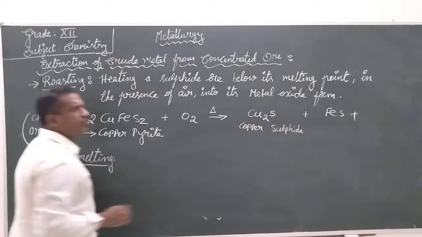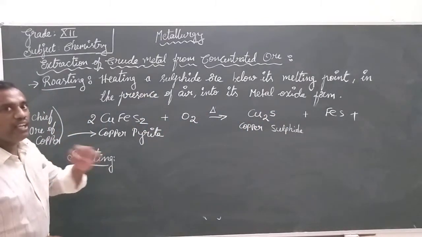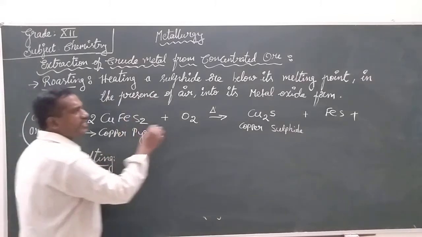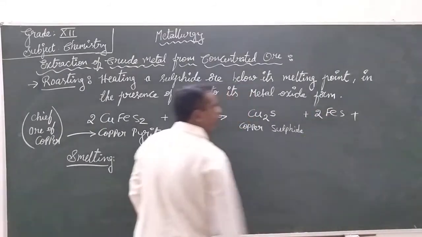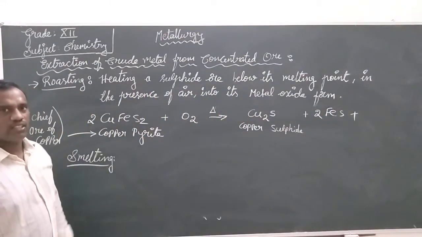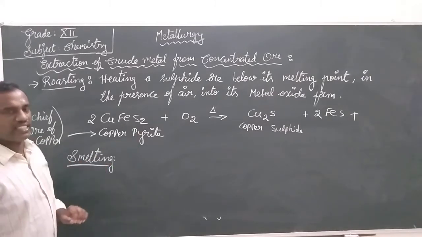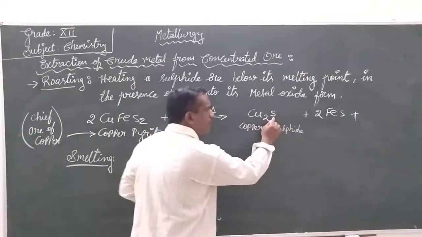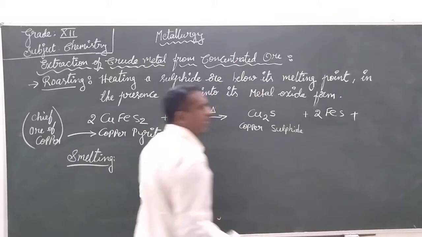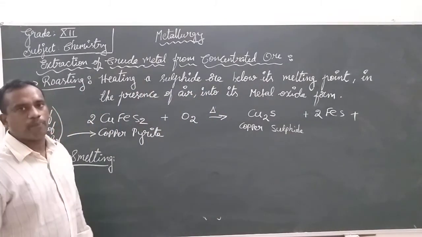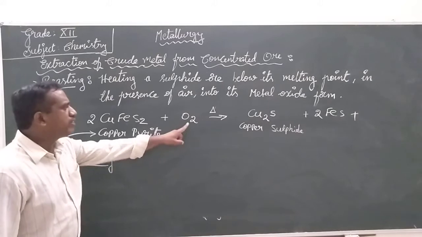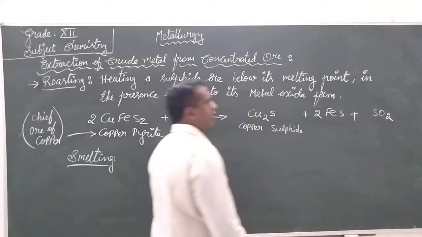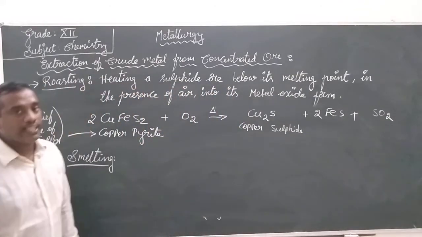Each iron will combine with 1 sulfur, so I used up 2 moles of FeS. Now out of 4 sulfurs, we used 1 here and 2 here, totally 3 sulfurs are used up. The remaining sulfur with the oxygen will be converted into sulfur dioxide.